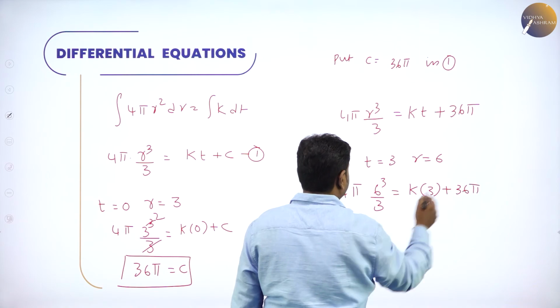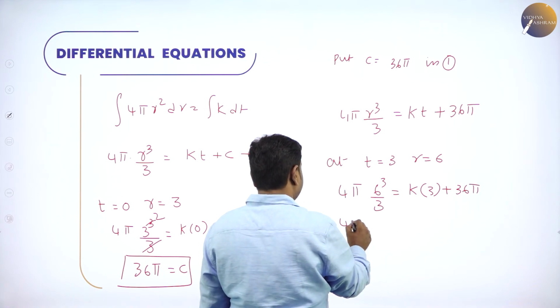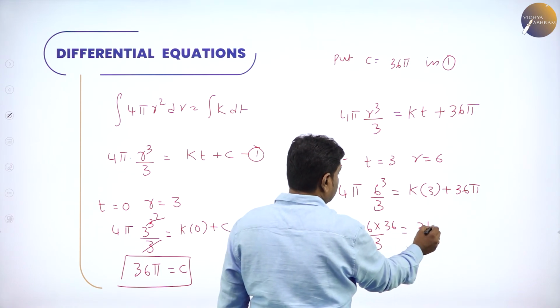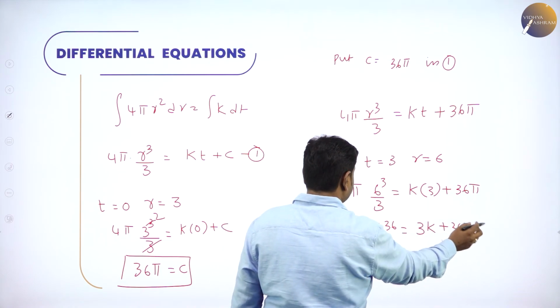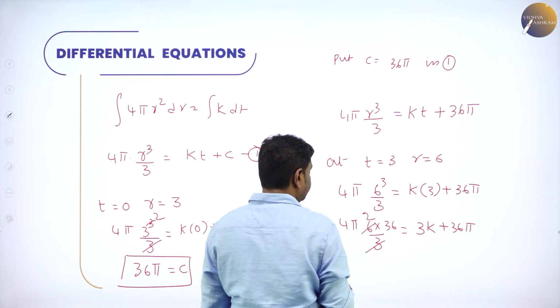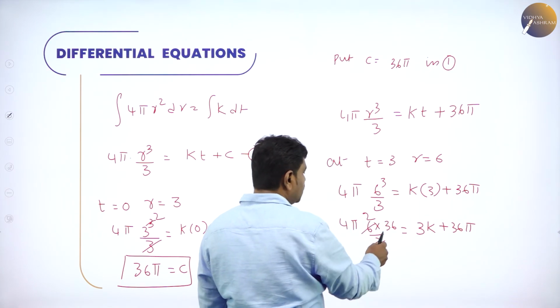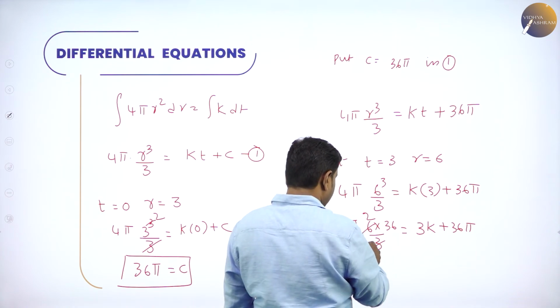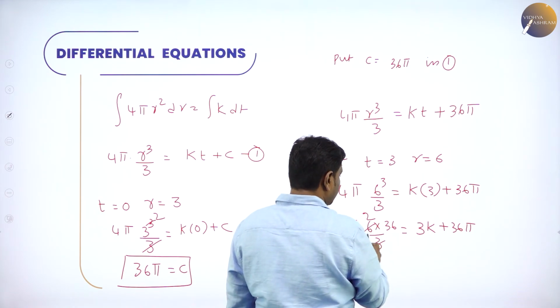Now simplify this. So now 4 pi into 6 cube, 216, divided by 3 is equal to 3k plus 36 pi. 3 ones are 3, 3 twos are 6, 36 twos are 72, 72 fours are 288. Simplify this.